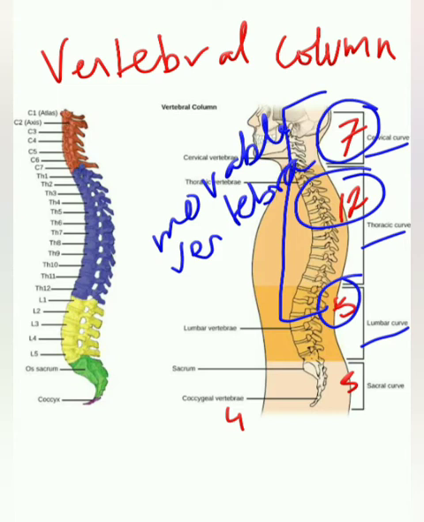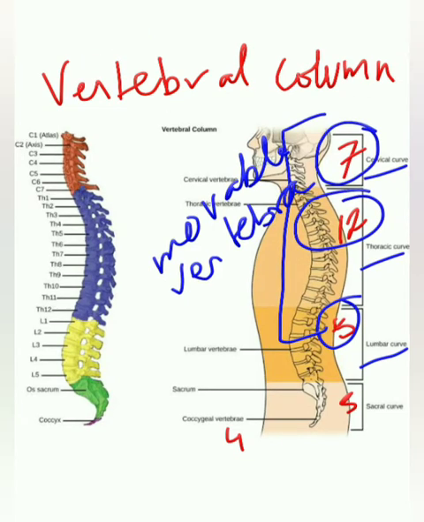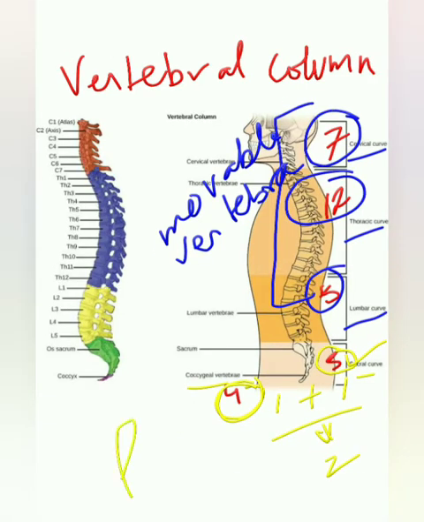But the remaining 9, that is the sacral and coccygeal, 5 plus 4, 9, are united in the adult to form 2 bones. So these 5 together unite and make 1, and these 4 together unite and make 1, and it makes 2. These vertebrae are called fixed vertebra.